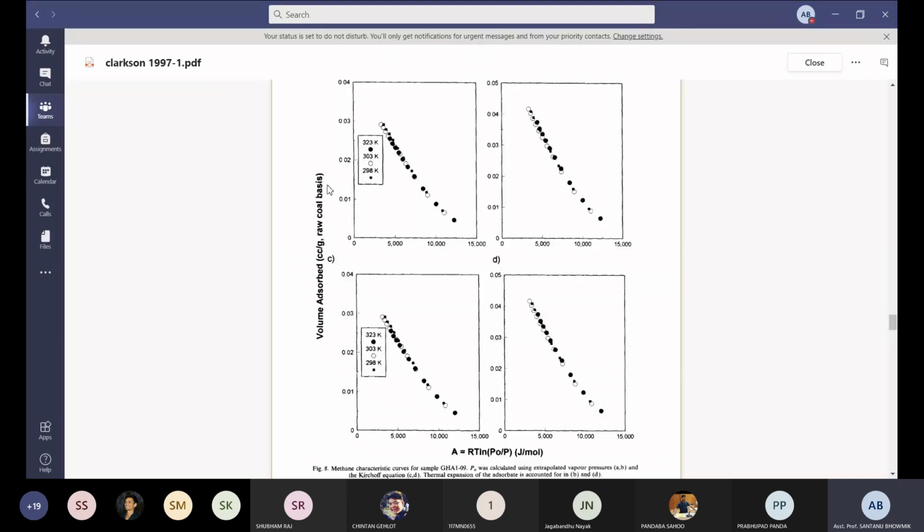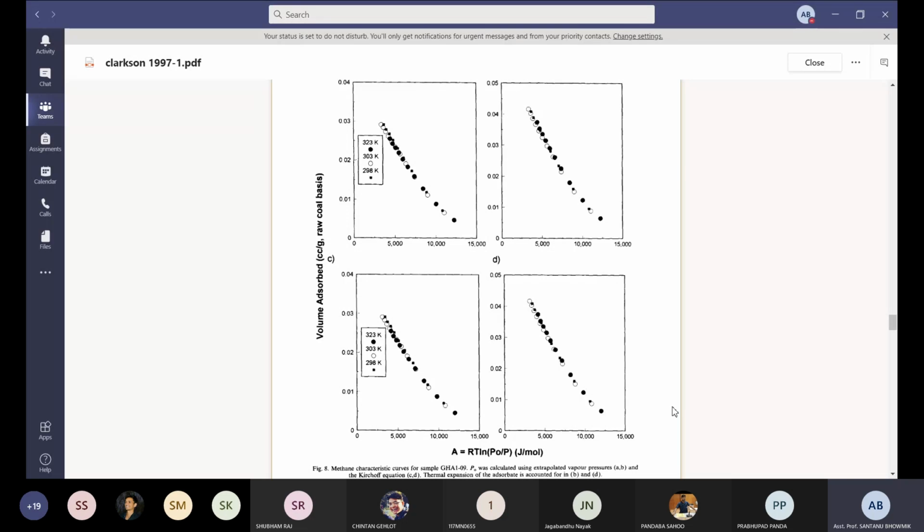Raw coal basis means as received basis. Then if you see the x-axis, they are going to show you the adsorption potential A, which is a function of R, the universal gas constant, T, the absolute temperature, P0, the saturation vapor pressure, and P, the experimental pressure, and this is expressed in joules per mole, work done per mole.